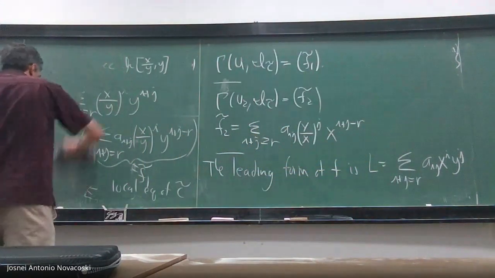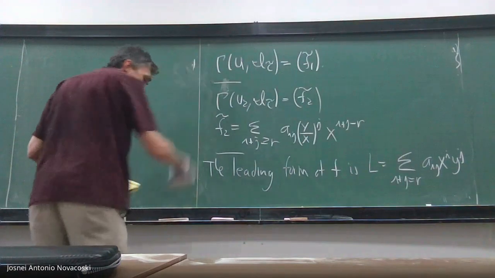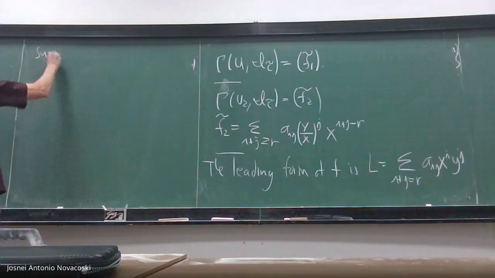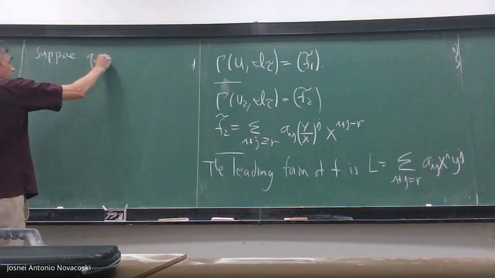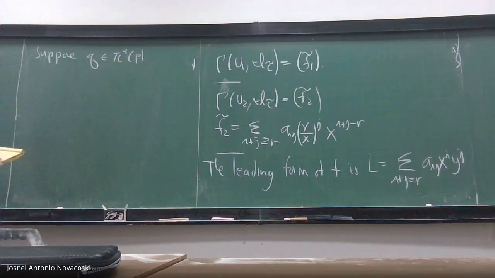Okay, so now let's suppose that we take a closed point Q that maps down to our point P. Then remember, there are regular parameters we just showed.